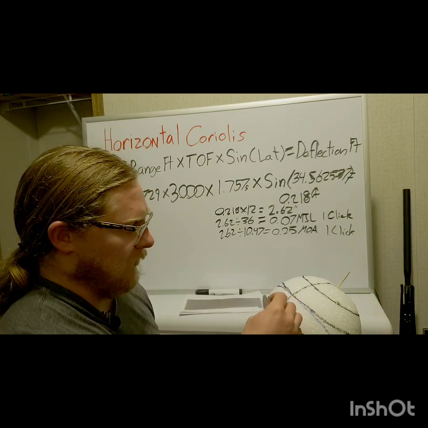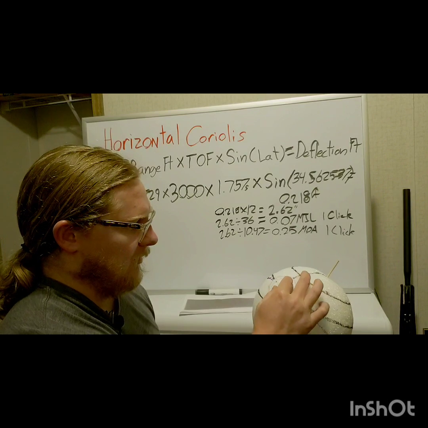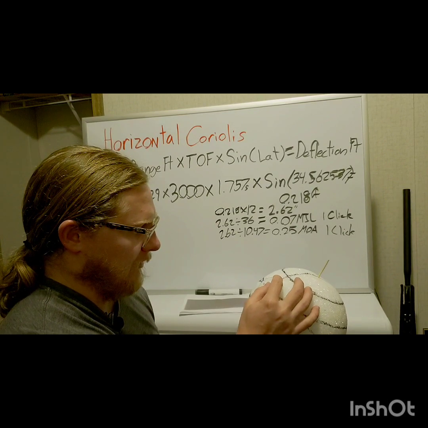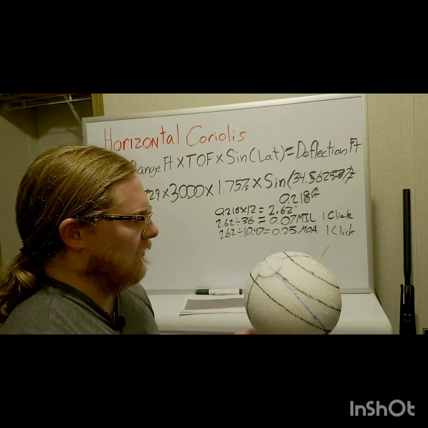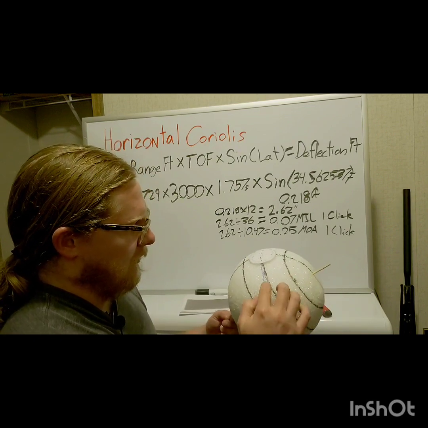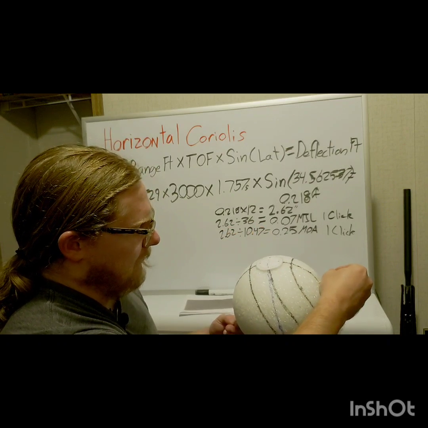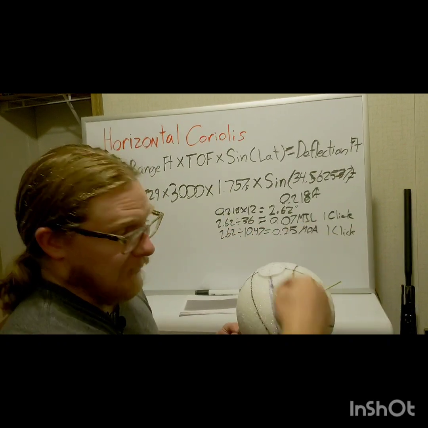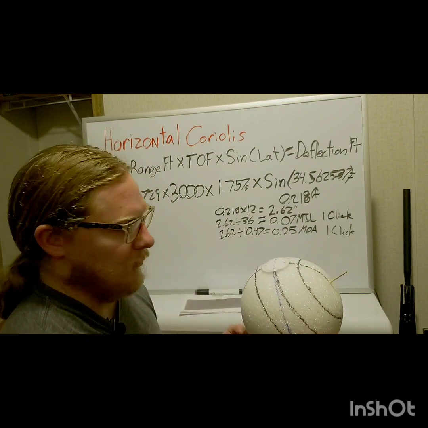Now, what happens if we're up higher towards the north on a different latitude? What happens then? You would think that if we're shooting due west, we would just follow that latitude, right? Well, we're on a sphere, so you've got to keep that in mind.